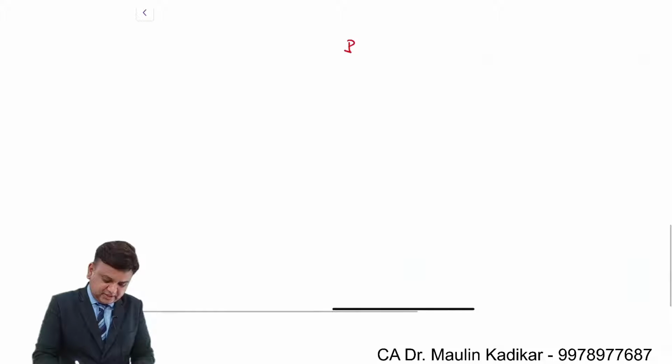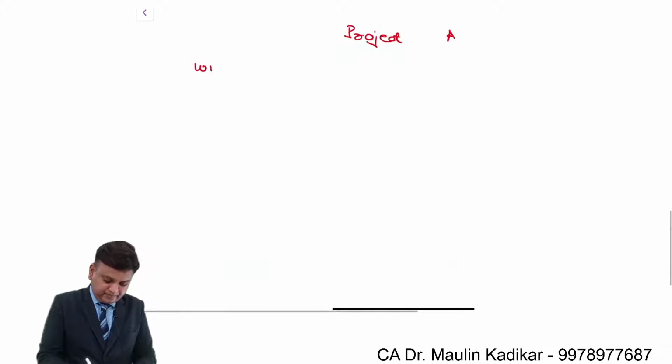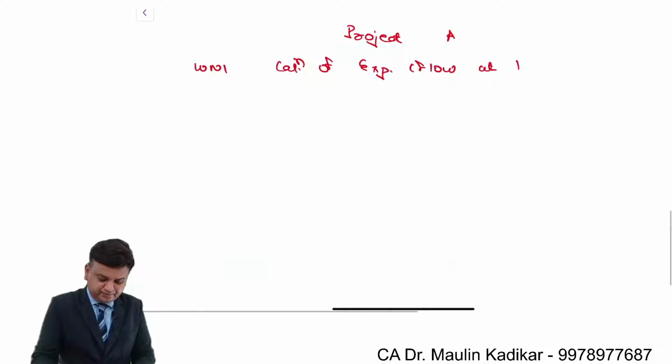In case of project A, everybody is requested to pay attention. Working note number 1: calculation of expected cash flow at the end of year 1.